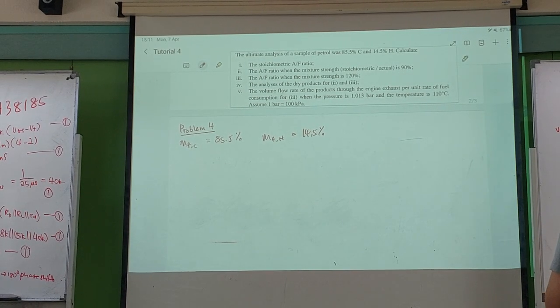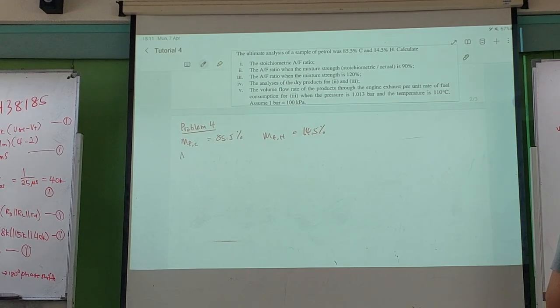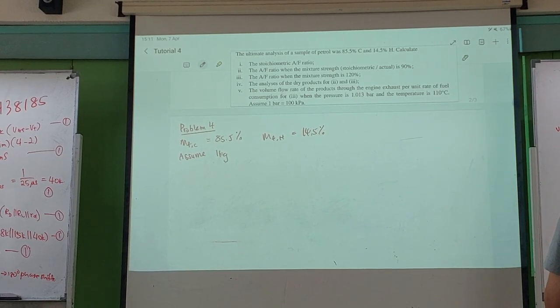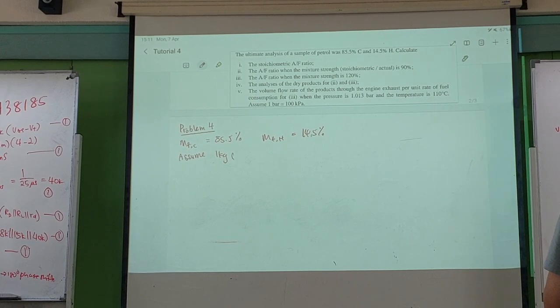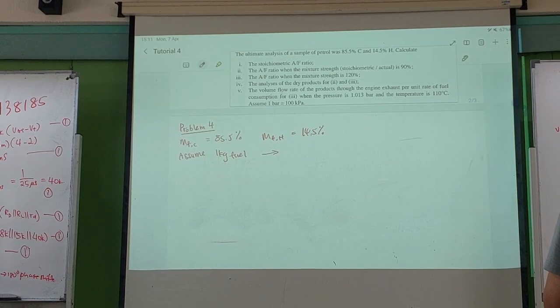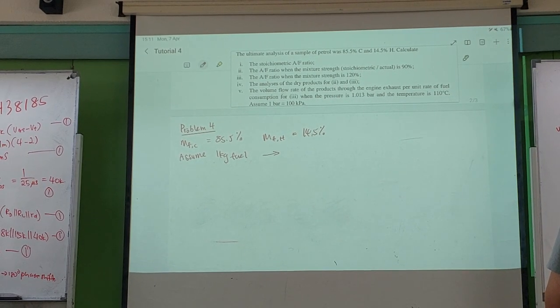So as usual here, let's assume 1 kg or 100 kg, whichever you prefer, of fuel. So if we have 1 kg of fuel, the first thing you need to find here is the number of moles.